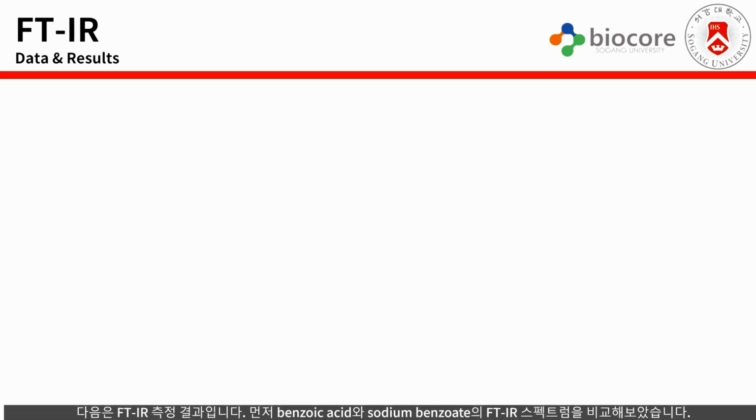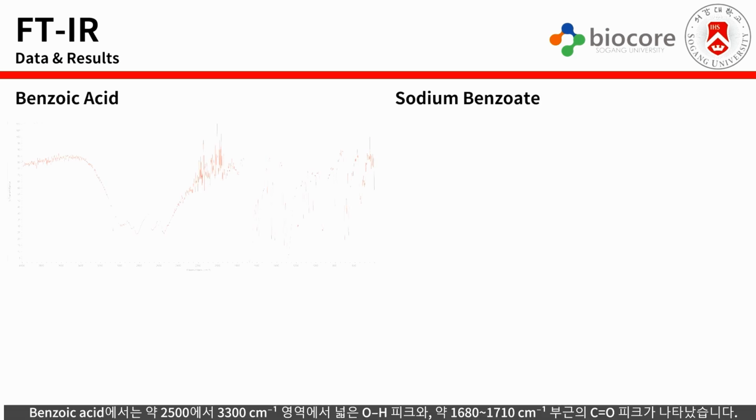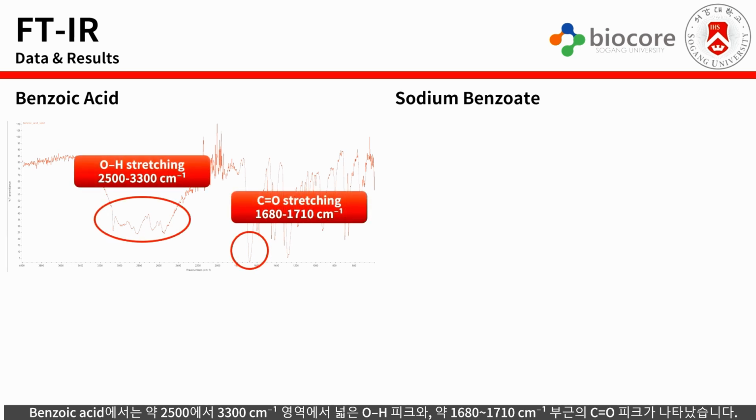Next are the FTIR measurement results. First, we compared the FTIR spectra of benzoic acid and sodium benzoate. In the spectrum of benzoic acid, a broad OH bond peak appeared in the region around 2,500 to 3,300 reciprocal centimeters, along with a C=O double bond peak near 1,680 to 1,710 reciprocal centimeters.